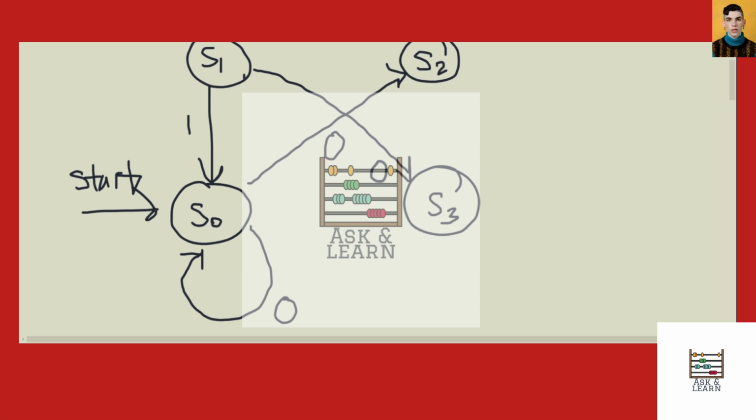We also have an edge from S2 to itself. And we see that G of S2 is a 1. So we'll label this edge with a 1.